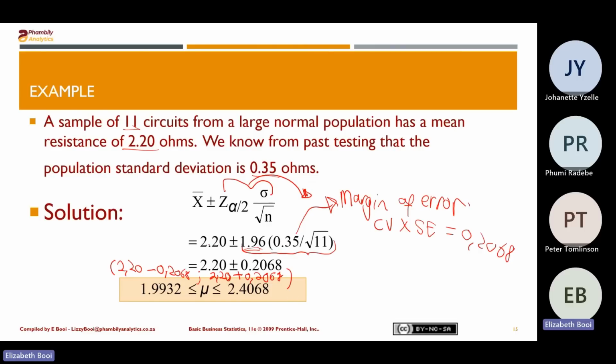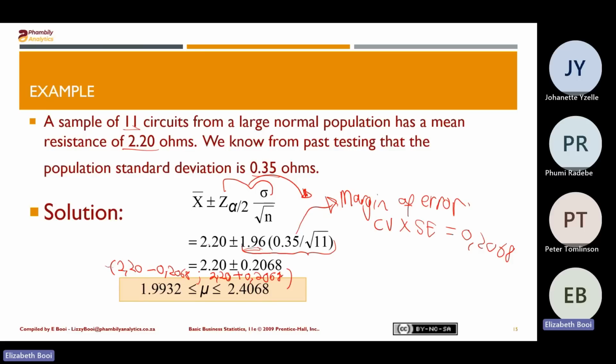So that will give us that the mean lies between 1.9932 and 2.4068. I told you that I'm going to use them both interchangeably. So this is how we write the confidence interval in your module, but you can also still write them like this. But you will see that most of the time when you do activities and exercises, it's written in the bracket format. Okay, and that's how you do a confidence interval.